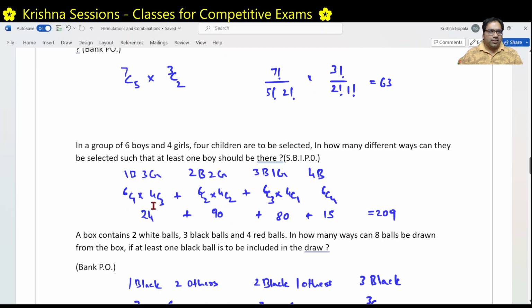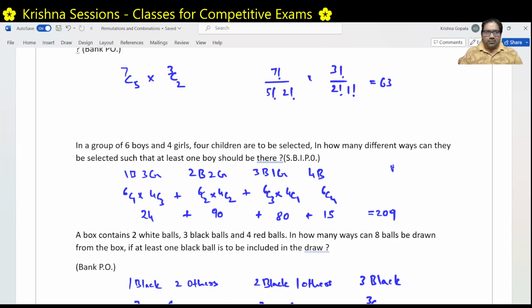Now we have to do the sum of all of these. Either this one or this one or this one or this one. This possibility plus this possibility plus this possibility plus this possibility. That is the final answer. So 6C1 into 4C3, if you do the calculation, you'll get 24, here 90, here 80, here 15. So total 209. You can do these calculations.